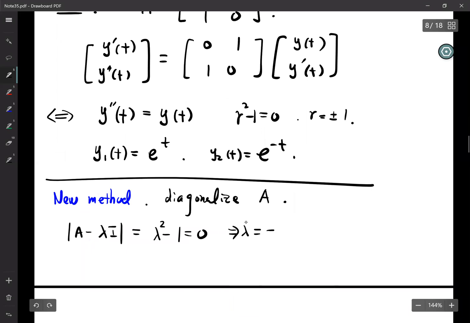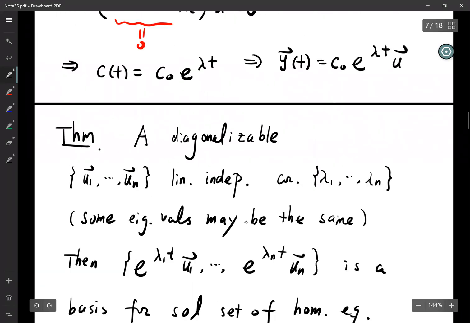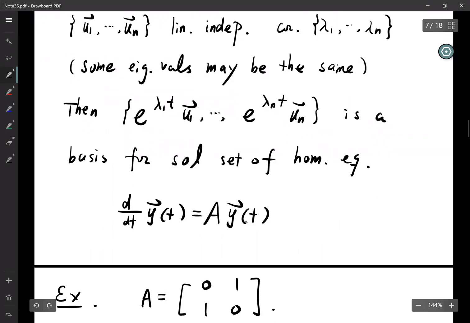Therefore, lambda is plus minus 1. This shouldn't really come as a surprise, because if you look for exponential t and exponential minus t, the eigenvalues, according to the previous theorem, must look like 1 and minus 1.